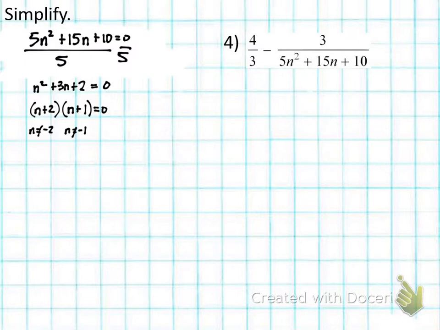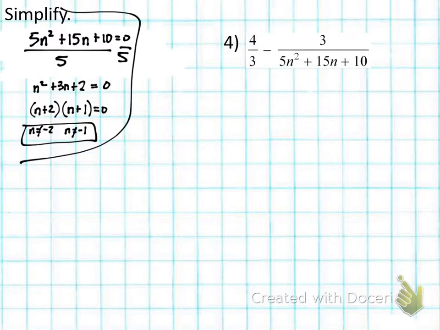So here we go. This side has a 3. Does the opposite side have a 3 in the denominator? No. So what should we do? Multiply by 3. This side has 5n squared plus 15n plus 10. Does this side have 5n squared plus 15n plus 10?